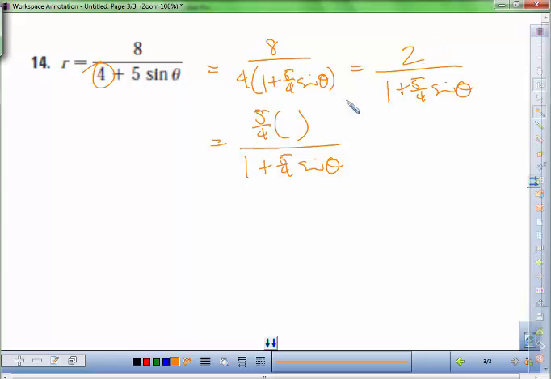Is it 2? Yeah, it's 2. So what do we multiply 5/4 with? Probably something with a 5 in the denominator. What would you suggest? 8/5 would work? Or you could do 2 divided by 5/4. And now if you write your equation like this, you have your eccentricity identified, and you have your directrix identified.